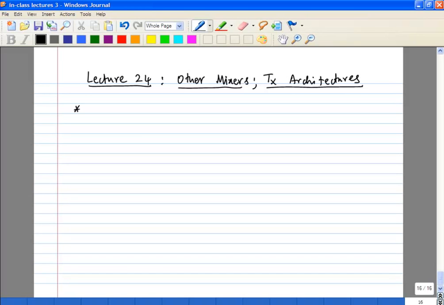So the first kind we'll look at are called potentiometric mixers. The basic idea is very simple.